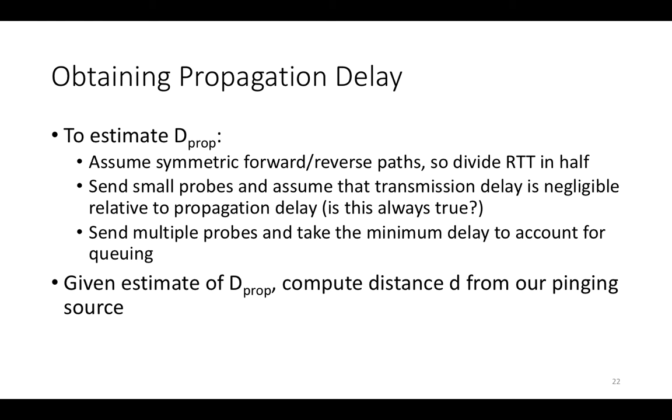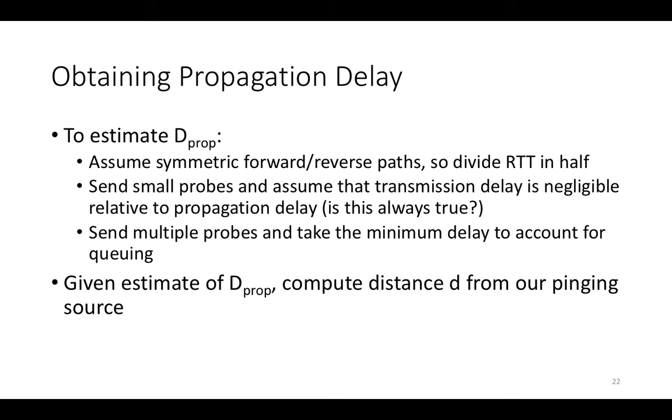However, in a data center, where two hosts may be connected by a wire across the room, with only 100 meters between the two hosts, transmission and propagation delay may be very similar. In our context, we're going to assume that the transmission delay is very small relative to propagation delay, and so it can be ignored, especially since we're sending small packets.